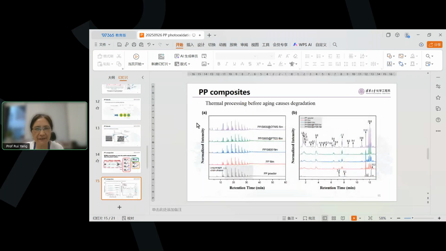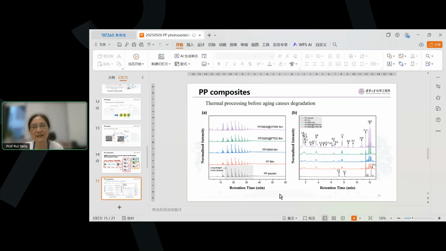So we can find that before aging, there are some small molecules in PP and PP nanocomposites. This kind of small molecules comes from the thermal processing procedure.